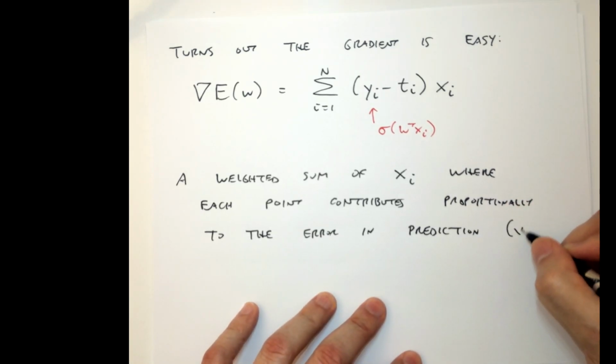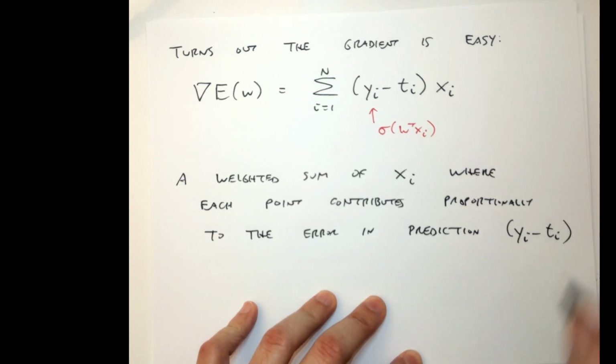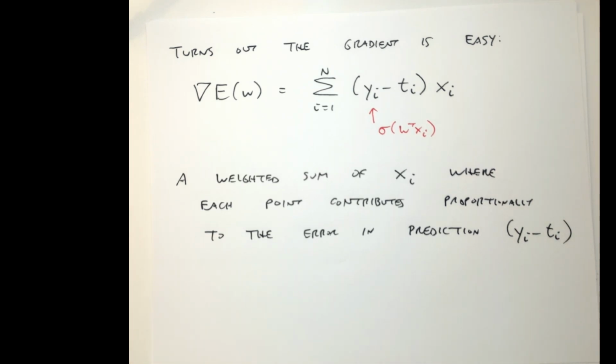Which is this difference between what I have and what I want. So that's kind of a nice interpretation. And it turns out that, when I can write the gradient down like that, then it's pretty easy to implement the gradient descent.